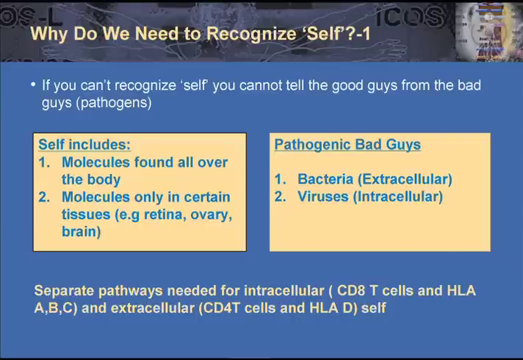Therefore, two different pathways have evolved to discriminate these pathogenic bad guys from the self. The self is basically the molecules that are found all over your body, and also the molecules that are only found in certain places, like in your retina, like rhodopsin, or in the brain, like myelin basic protein. Very important that you have the flexibility and the ability to discriminate both universally expressed proteins as well as tissue-specific proteins.